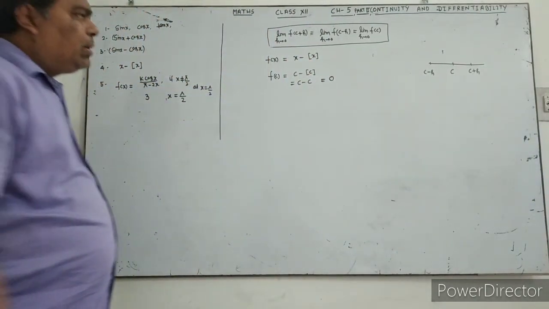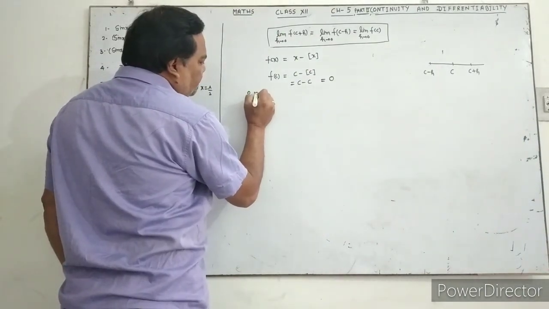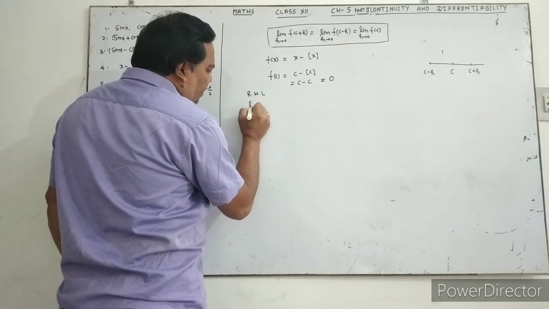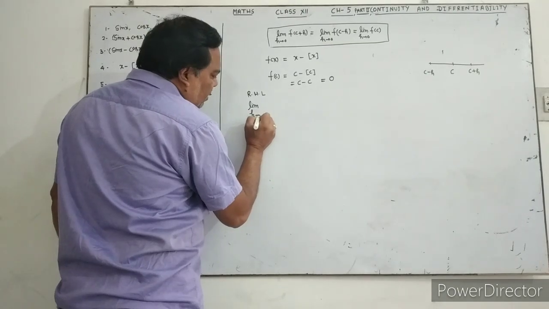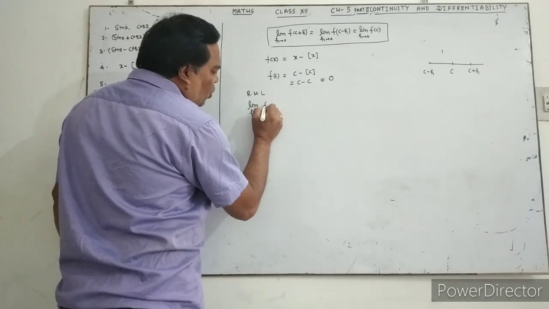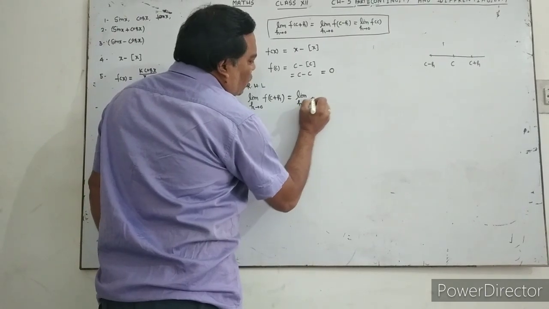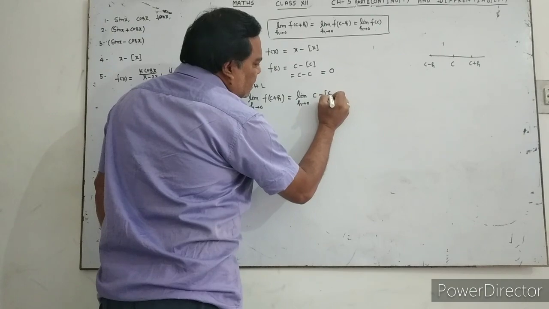Now the right hand limit, as h tends to 0, c minus the greatest integer of c plus h.